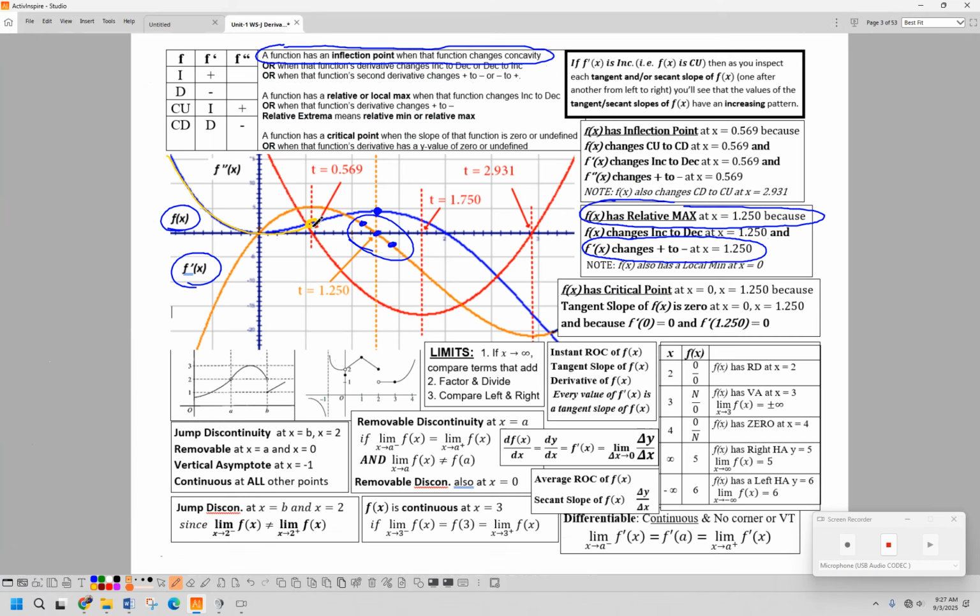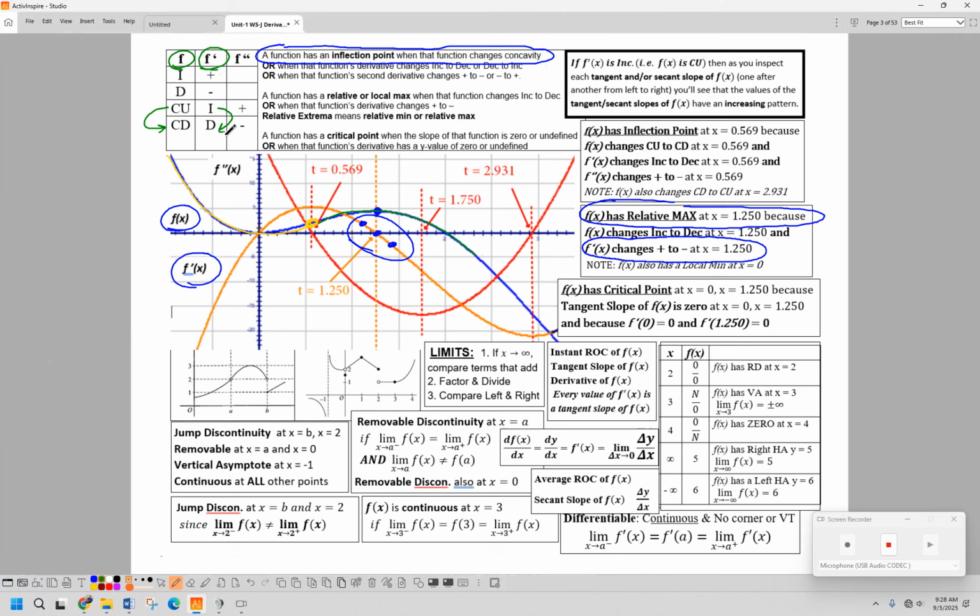Then the blue switches to concave down, like so. But Danica's chart up here helps me identify the fact that when f is changing concavity, concave up to concave down, f prime is going to change increase to decrease.